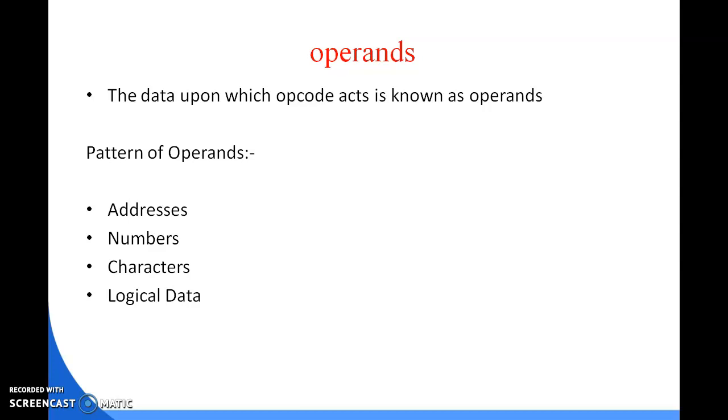Next are characters. Characters cannot be easily stored in data processing. Why? When you store any data within the memory, it should be converted into binary numbers. Whether it is alphanumeric data or only numerical data, when it is stored within the memory it should be converted into a stream of binary numbers.